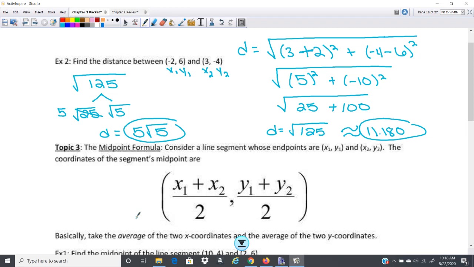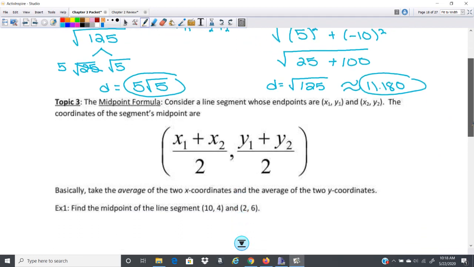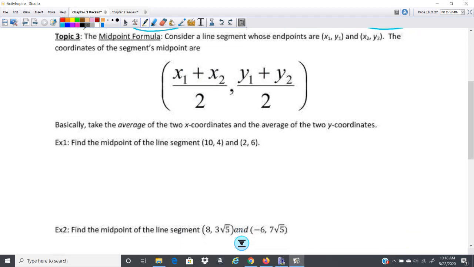All right, next topic is the midpoint formula. The midpoint formula is exactly how it sounds. It is the middle of 2 points. Basically you're just finding the average of the 2 points. You're going to add the x's and divide by 2, then add the y's and divide by 2. So if we look at example 1 here, you've got x1, y1, and then x2, y2.